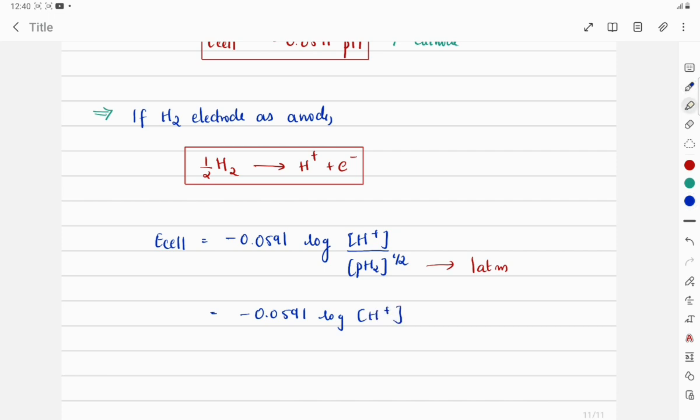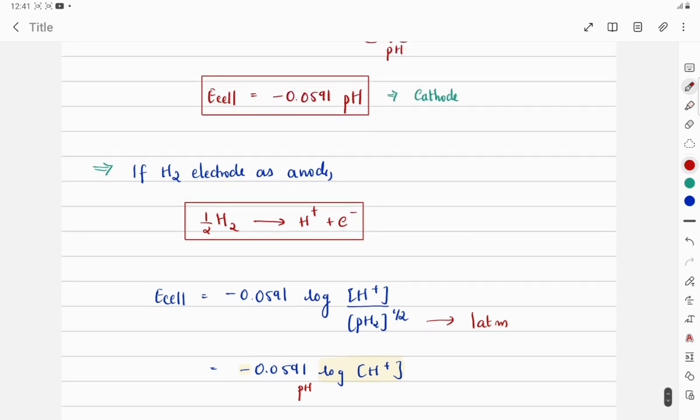Now how to replace it with pH? Already I have minus log concentration of H+. So instead of that entire thing, I will write pH. And my final equation will be E cell is equal to 0.0591 pH. What is the visible change here?